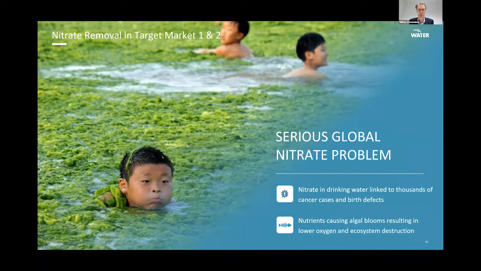So these two trends, underlying growth of nitrate and stricter regulation, creates an issue in many places, because suddenly you need to remove these final trace amounts of nitrate. And traditional methods are not very good at that. Traditional biology can remove some of the nitrate, but cannot remove the final amounts. So our technology, and specifically our BioCleanse and our BioNext technology, is very suitable to remove those last amounts of nitrate in an efficient way.